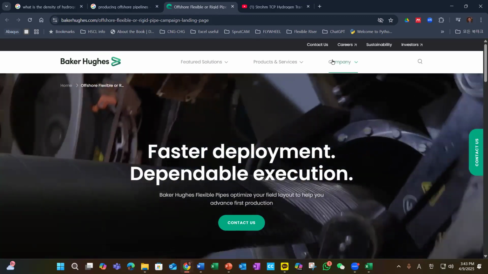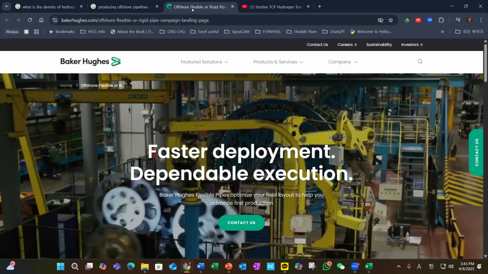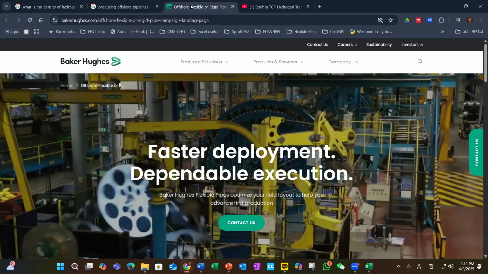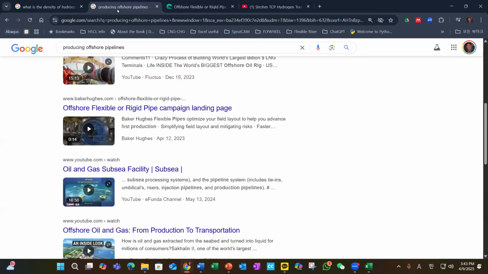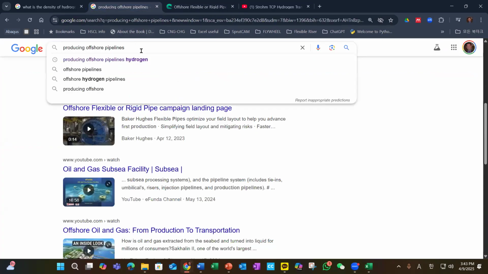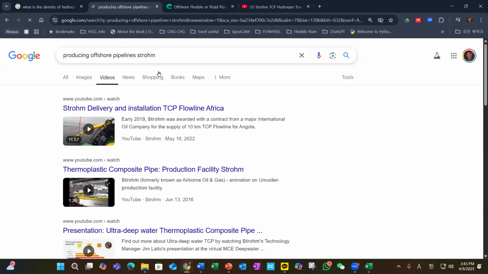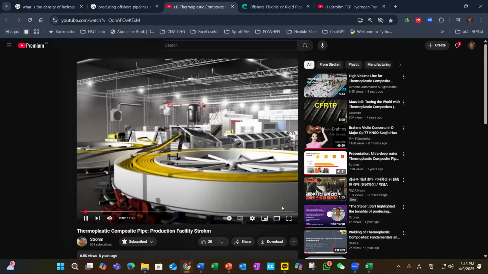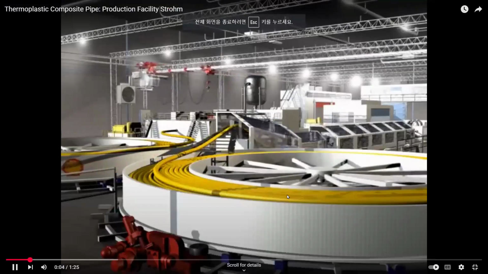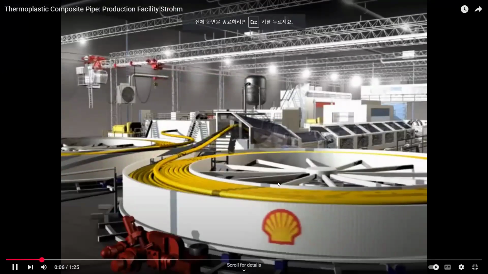But this doesn't show much. This will give you a good idea of how they manufacture the pipeline system.